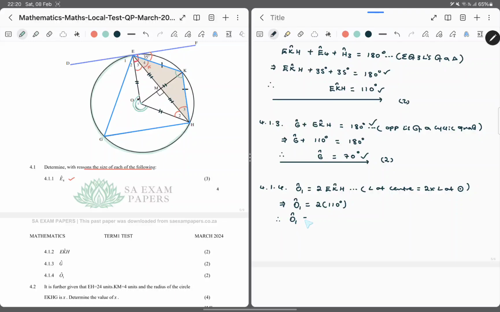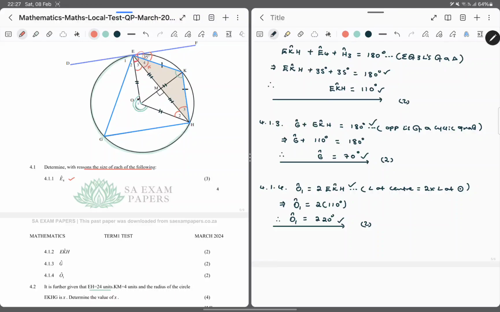Therefore, angle O1 is 220 degrees. Nice and easy. So, again, a very powerful statement and an answer. Easy 2 marks. Okay, so 4.2 says, it is further given that EH is 24 units.